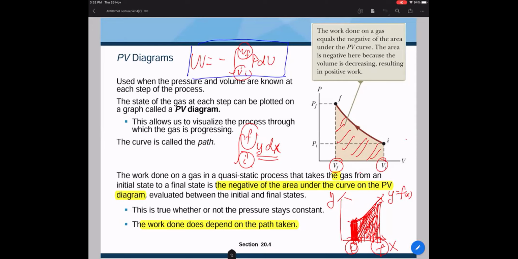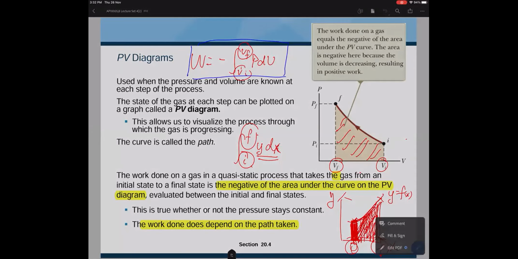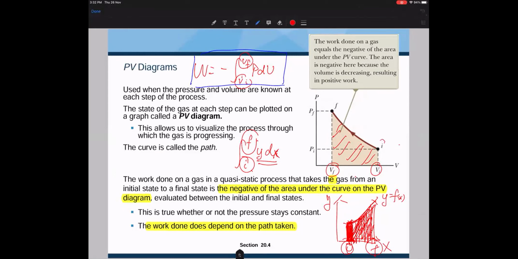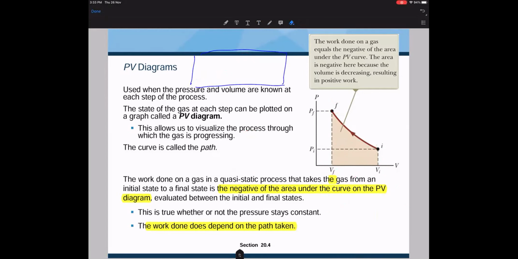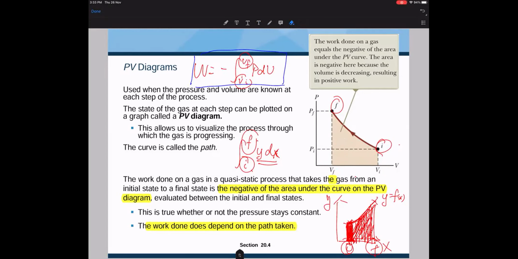So here, you have the gas in some initial state, and through some process, it would come to a final state. And in between, there would be a trajectory, a path for the states to change from the initial condition to the final condition. So this is the trajectory from here to here.